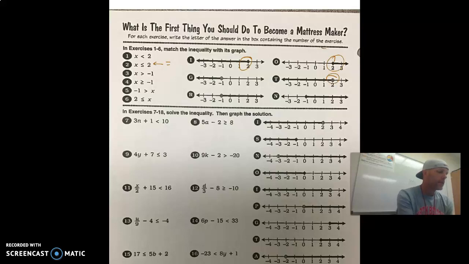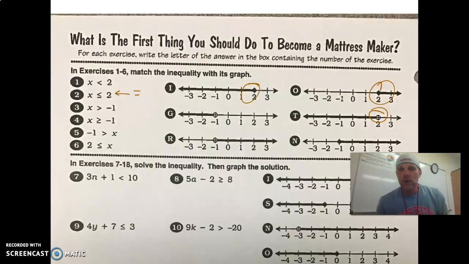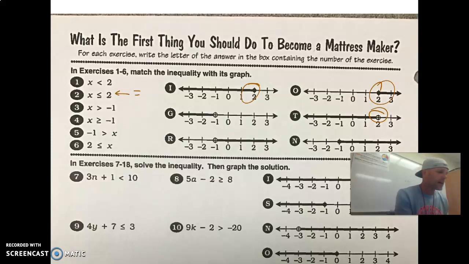So there are 3 things on 2. But remember, we said the word equal, so it has to be a shaded in graph. So it cannot be the letter T. So it either has to be I or O. And it's less than, so it's everything smaller than 2. So what is it? It's I.